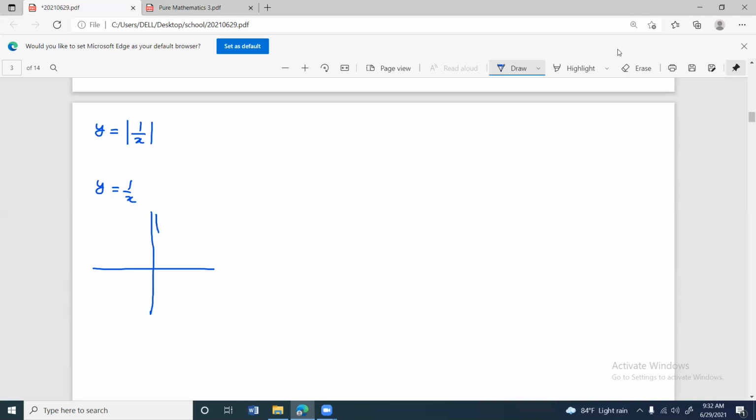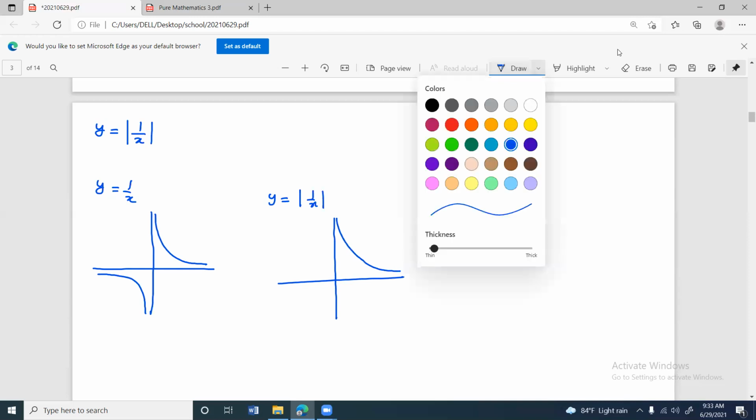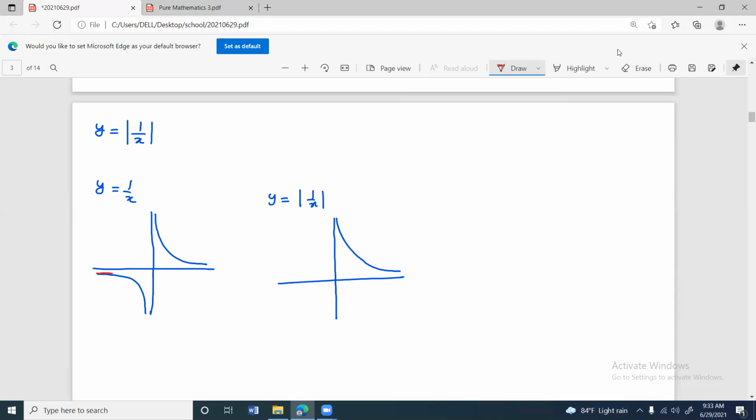So if you draw it, it's like this. Right. Then if you draw the modulus graph, you can see it doesn't make an impact on the positive part of the graph. Only the impact comes with this negative part of the graph. It's just this part of it. It should be reflected over here.